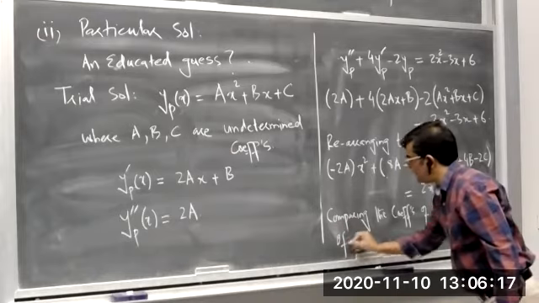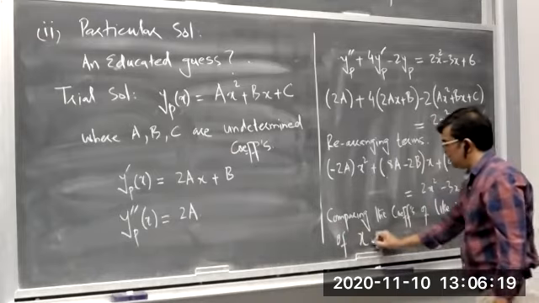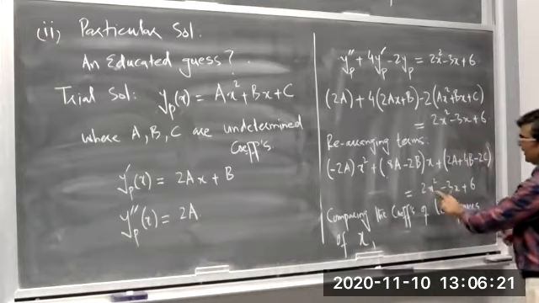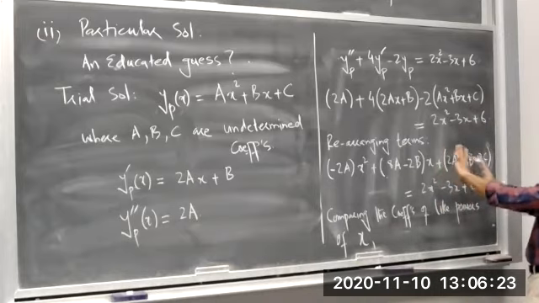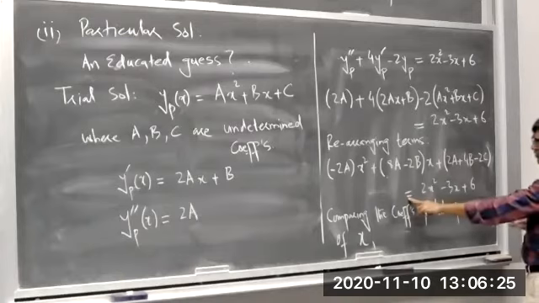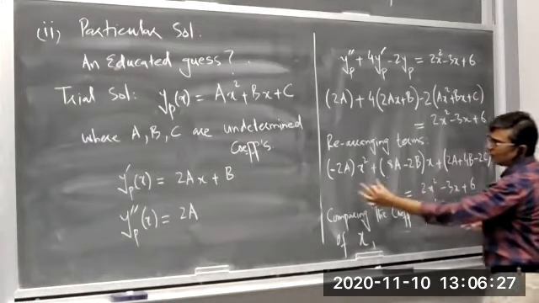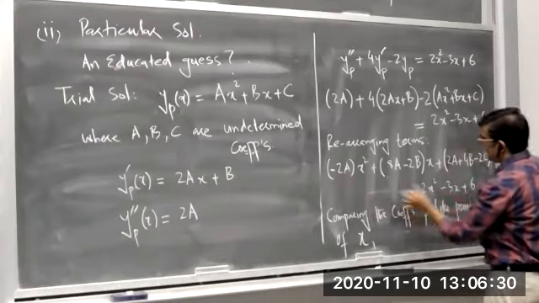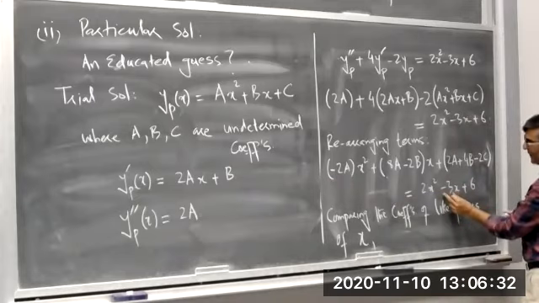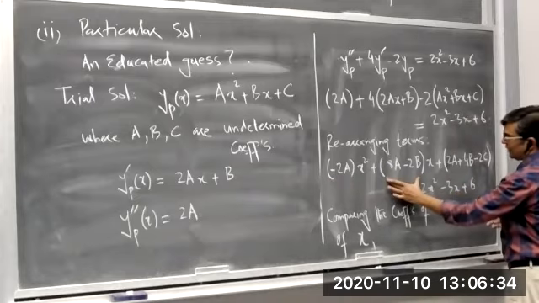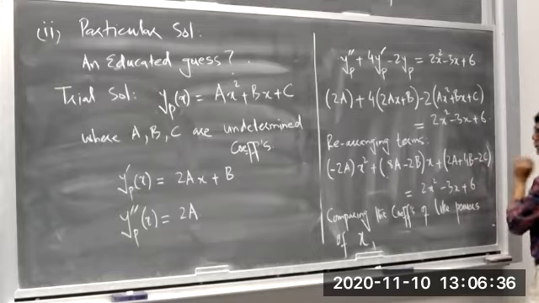Powers of x means x squared coefficient, because these two polynomials are equal, so the coefficient of x squared here must be equal to the coefficient of x squared here. Similarly, the coefficient of x here must be equal to the coefficient of x on the left-hand side. Similarly, constant must be equal to constant.